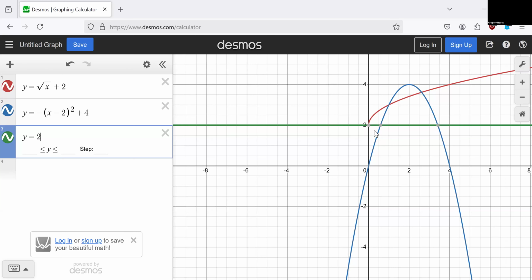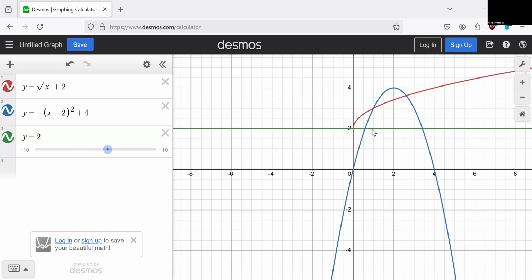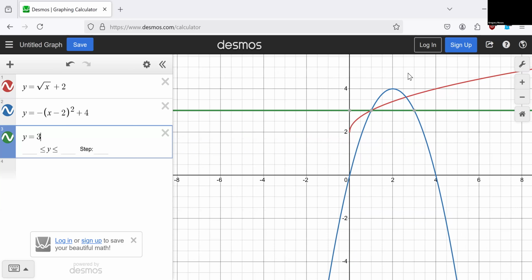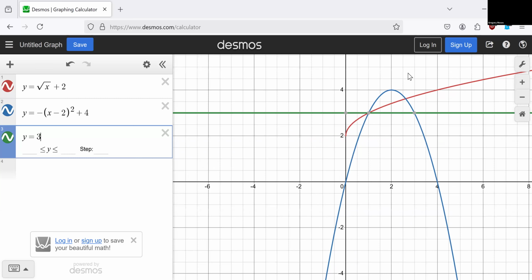But I'm going to take this horizontal line and I'm going to scoot it up to not 2, but 3. And now, let me correct that in my notes as well for later.